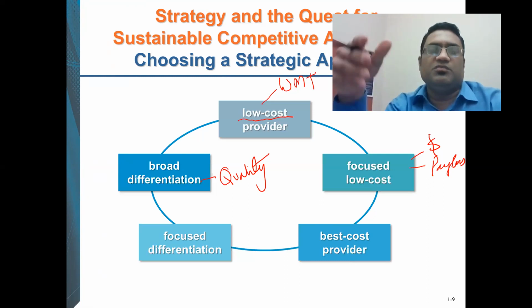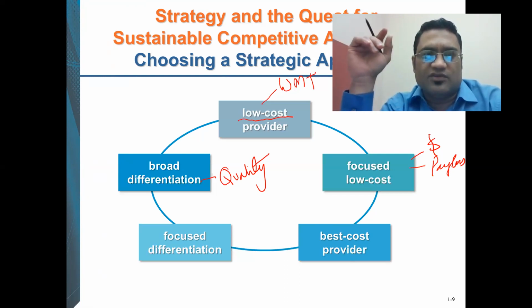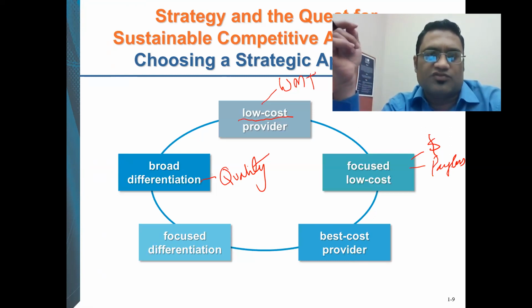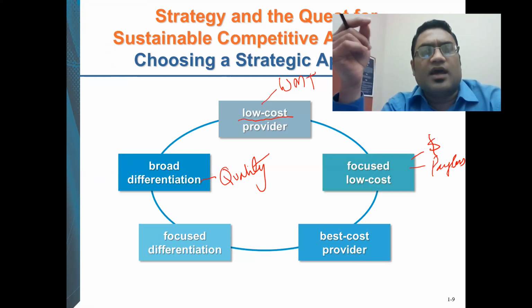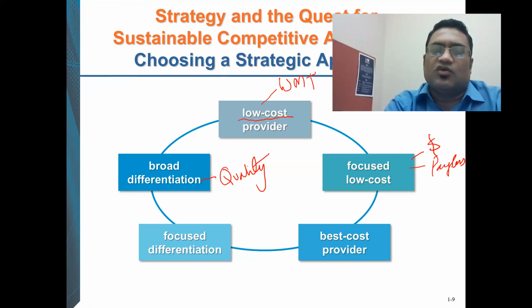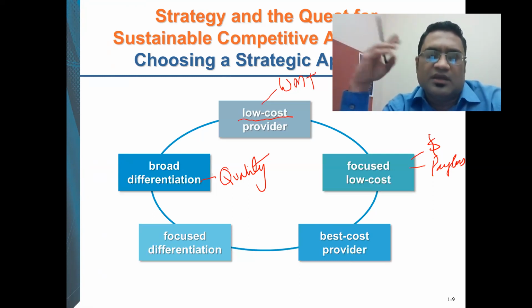And by the way, if you do pick this concept, pick only one concept. Don't talk about all these 5 different strategies. Just pick, let's say, low cost, and you're going to talk about low cost. You explain what low cost is and how companies are achieving that. So you got low cost and focused low cost. Low cost is like Walmart. You got lots of products, right from food to diapers to car oil change, clothes, everything.